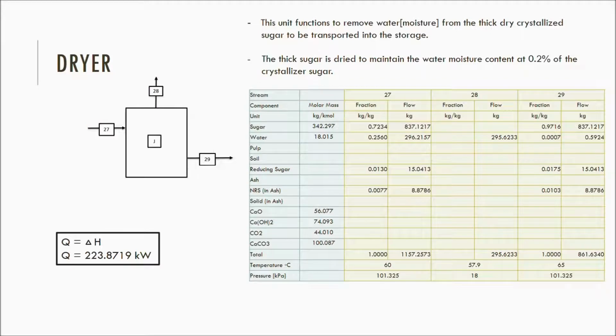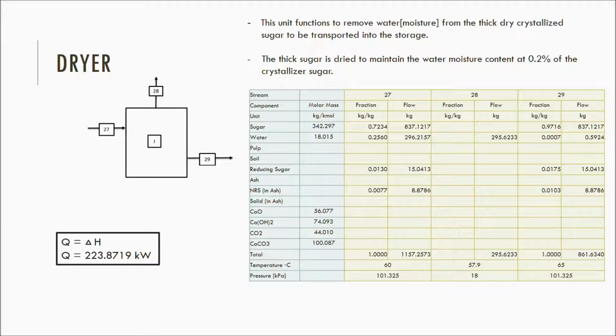The dryer is used to remove the water from the thick crystallized sugar to be transported into the storage. The thick sugar is dried to maintain the water moisture content at 0.2% of the crystallized sugar. The inlet of the dryer is 1157.2573 kg per hour at the temperature of 60 degrees Celsius at the pressure of 101.325 kPa.